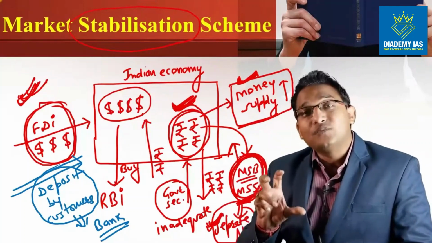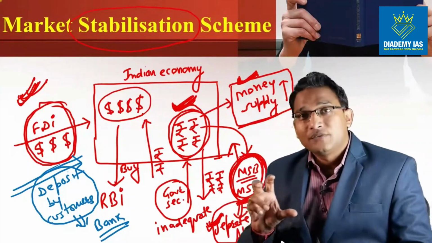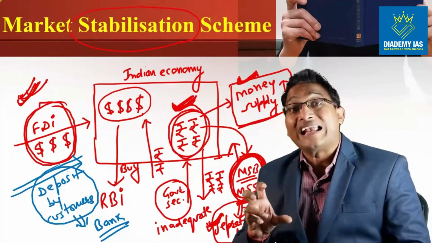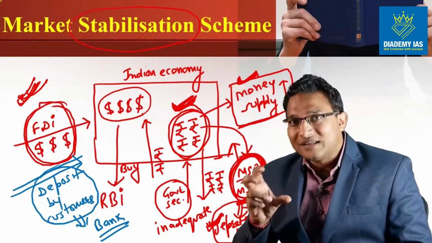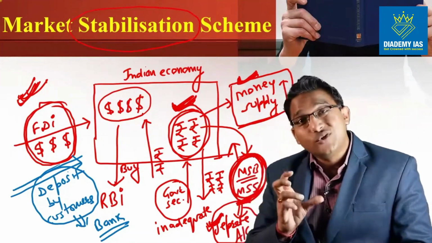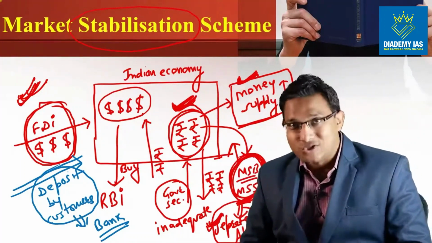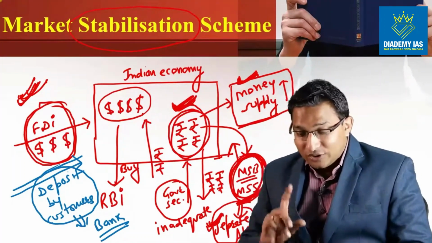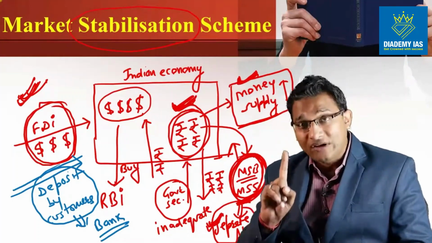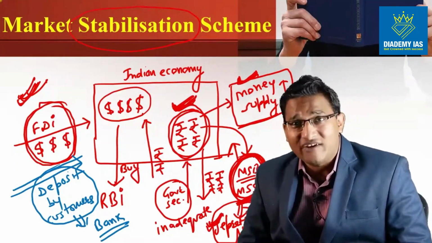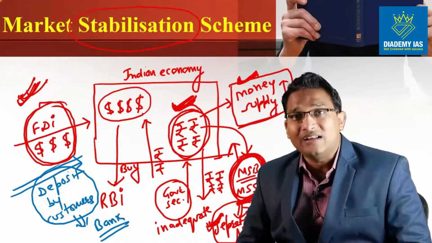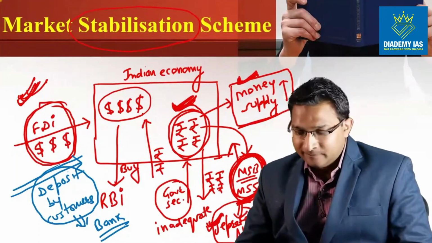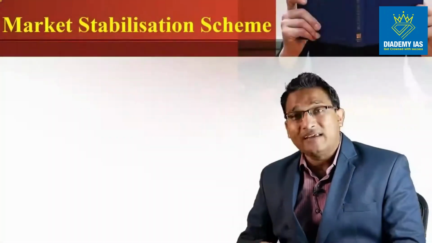And on these bonds, the banks started receiving interest income. So this is how this market stabilization bond was used in 2016 also, right? So in two types of situation, one during the excess flow of FDI, and two during demonetization, this market stabilization bond is issued, right? So this is the mechanism.